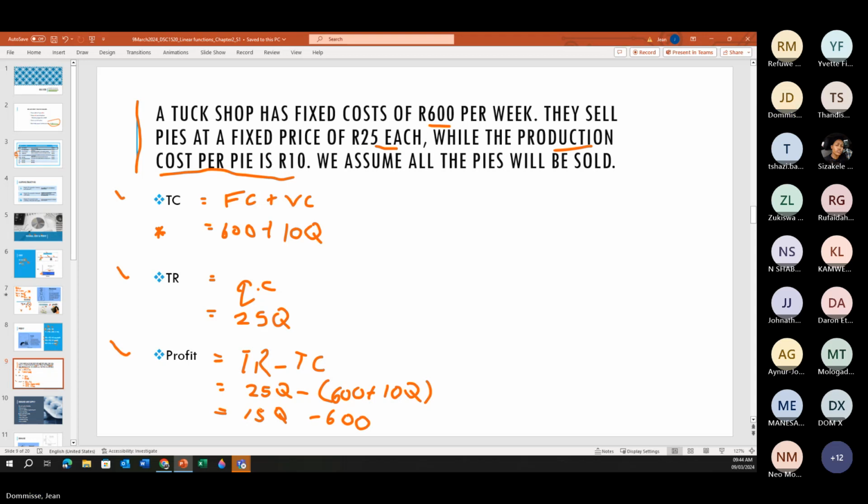So the other option might have been 35Q minus 600. Another option that they could have given you is just to say the profit function is 25Q, and sometimes they even throw in the total cost function, so that you see all these functions you've been working with.